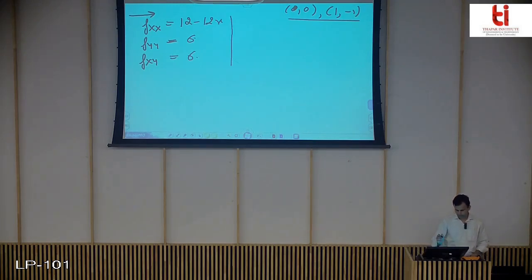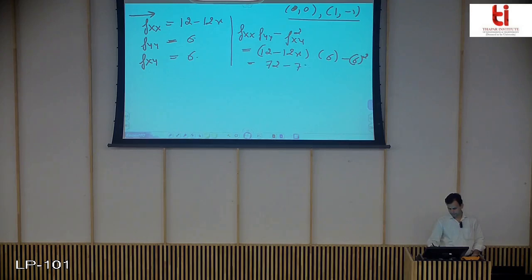Now again, the discriminant is equal to, let me find it, (12 minus 12x) times 6 minus 6 whole square. So this gives you 36 minus 72x. Yes, so this is the discriminant.